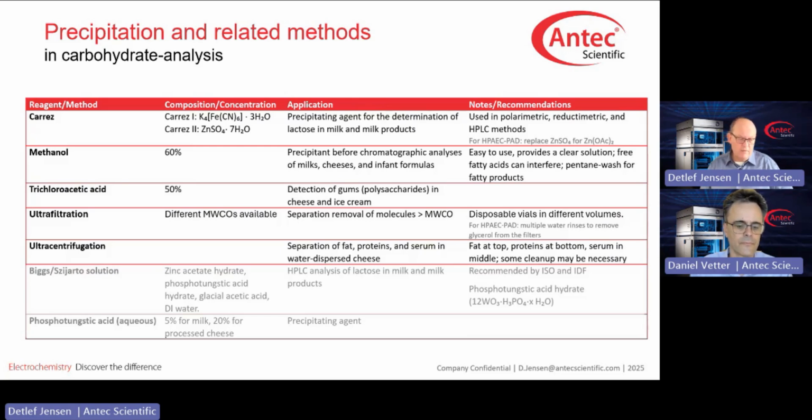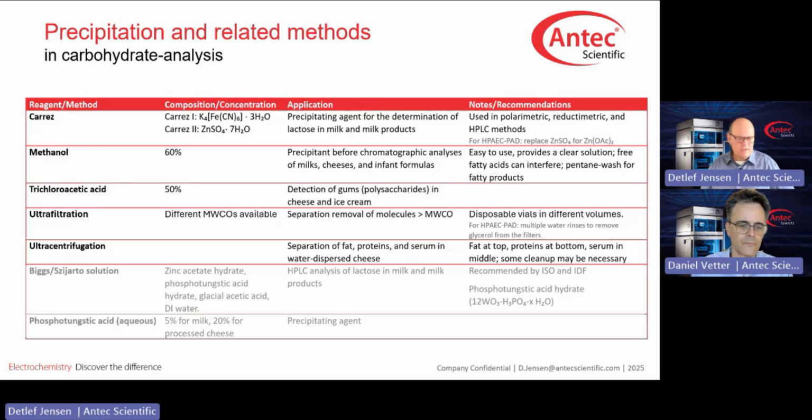And number one, removal of proteins is Carrez. Carrez is, if you so want, a metal-induced protein precipitation. You add two inorganic salts, like potassium hexacyanoferrate, that's Carrez 1, and Carrez 2 is zinc sulfate. We will have to talk about the sulfate from the zinc sulfate, but that will be in the next slide.